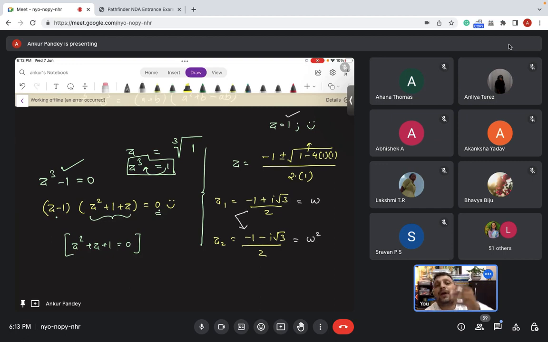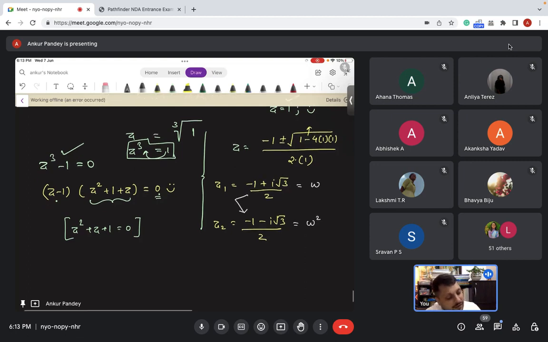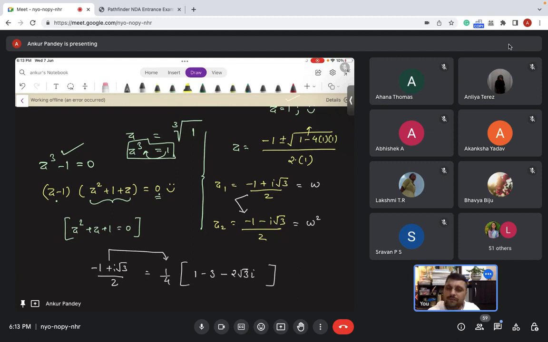If you want, you can try. If I am saying there is a complex number minus 1 plus i root 3 by 2, please square it. So you will say, sir, 1 by 4 out. Minus 1 square is 1, minus 3, minus 2 root 3 i.